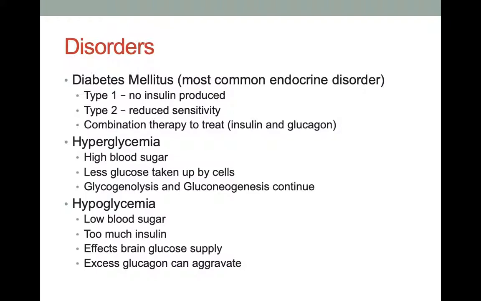So if we're not having insulin there, if it's not reacting properly, we can't inhibit. I'm sorry, that results in hyperglycemia. I'm looking at the wrong thing here. Hypoglycemia, low blood sugar, too much insulin, and then excessive glucagon can aggravate that, because glucagon's job is to trigger more things to happen.